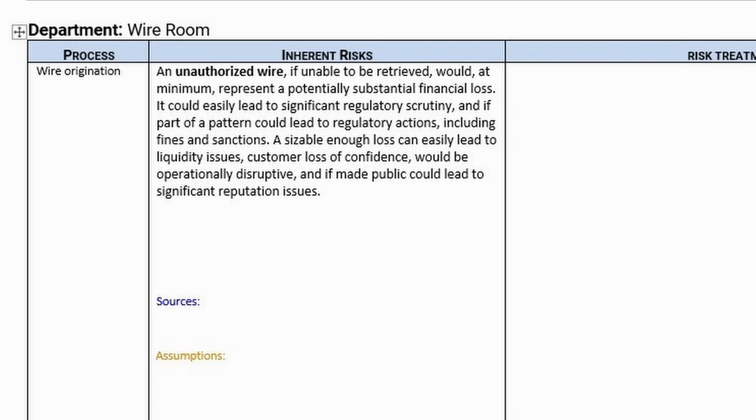Customer loss of confidence would definitely be operationally disruptive, and if made public, could lead to significant reputation issues. Again, within here, we could also reference related materials such as other assessments, various scenario analysis, stress tests, anything that might lend insight into the potential impact of this scenario.